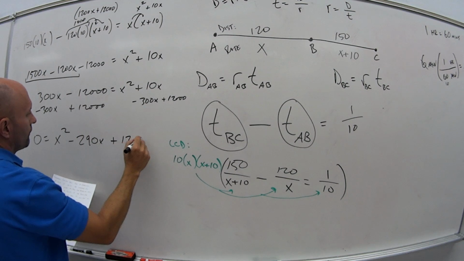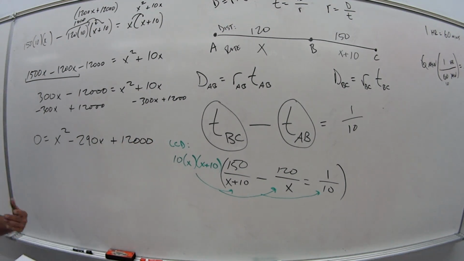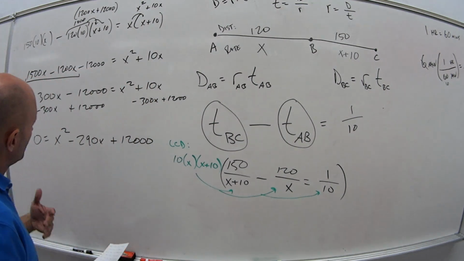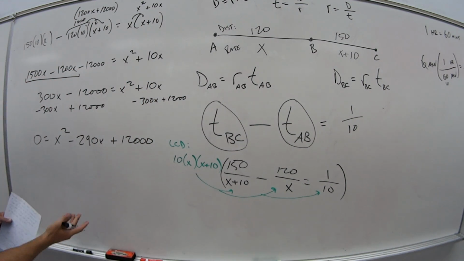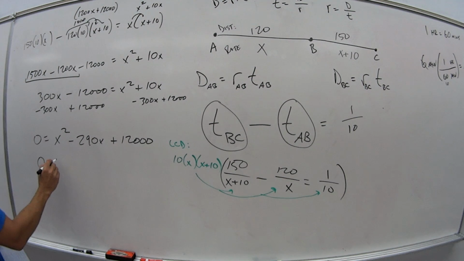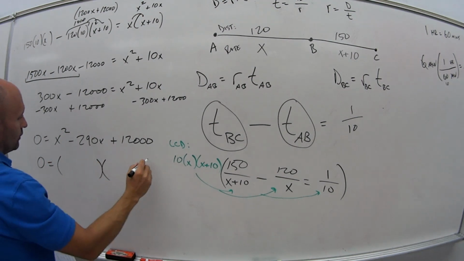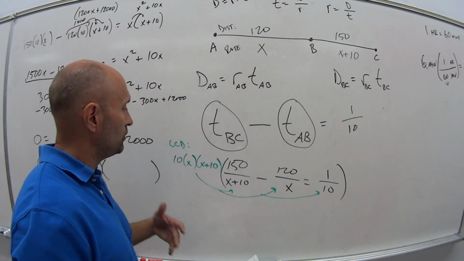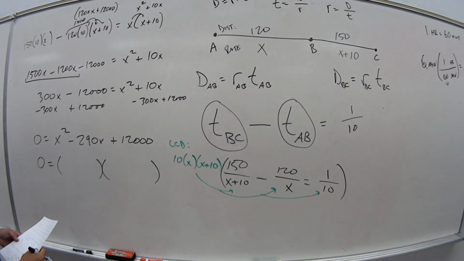plus 12,000. And so this goes back to our factoring and solving equations, right? So can we factor this one? Hopefully, or likely, your problems will be a little bit easier than these numbers. You could use the quadratic formula if you want.